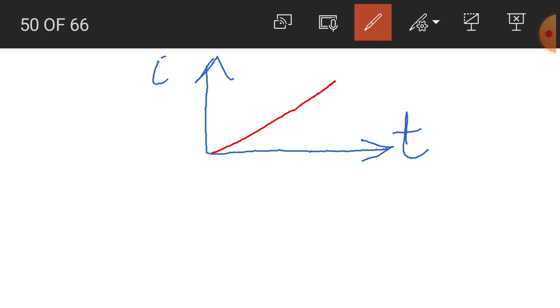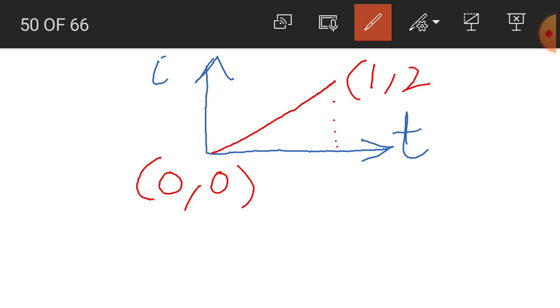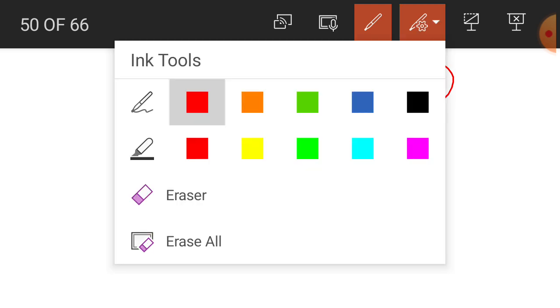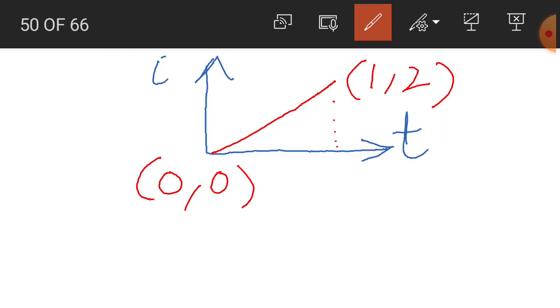We consider this end of the line where the time is 0 and the current is 0 as well, and then this end of the line where the time is 1 and the current is 2. Now we can calculate the slope of this line.